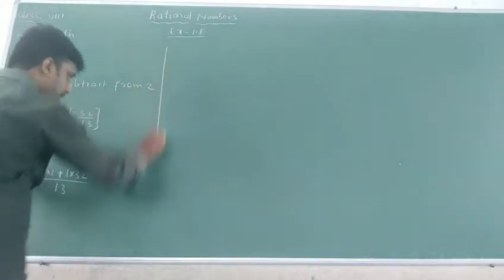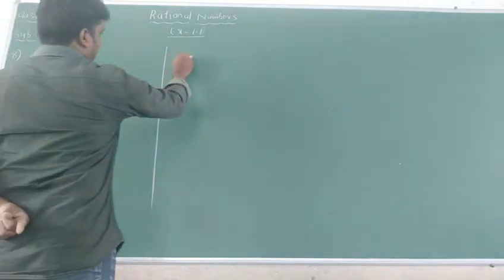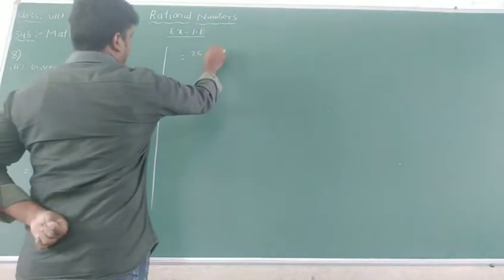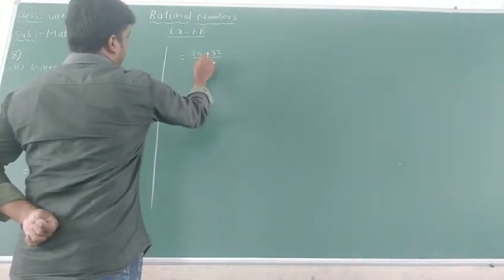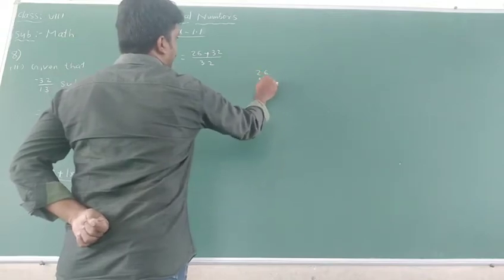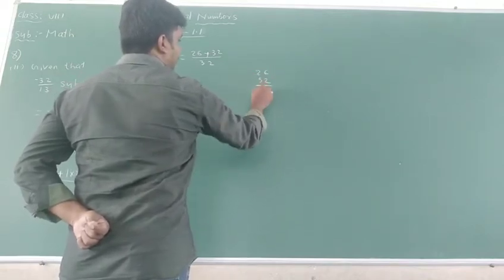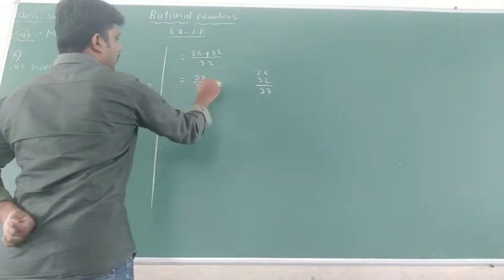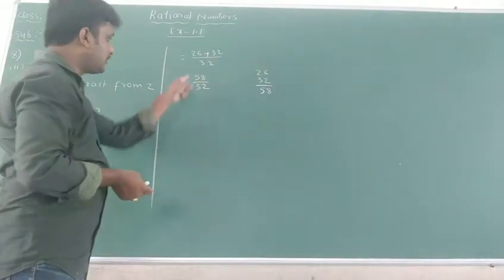So after this, 26 plus 32 by 13. If you do the addition, 26 and 32 gives 58 by 13.